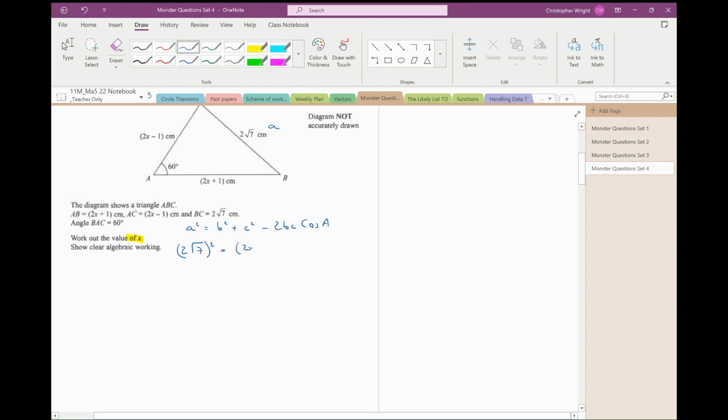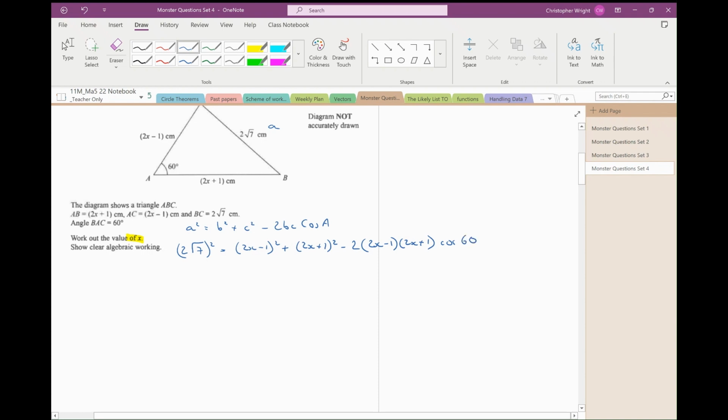Doesn't matter which one I use, 2x minus 1 squared plus c squared, 2x plus 1 squared minus 2 lots of 2x minus 1, 2x plus 1 cos 60.